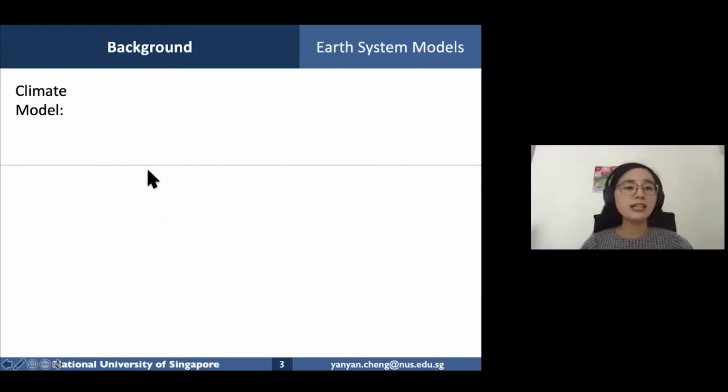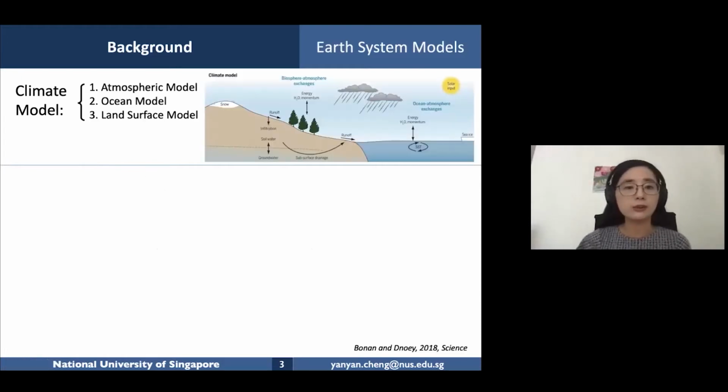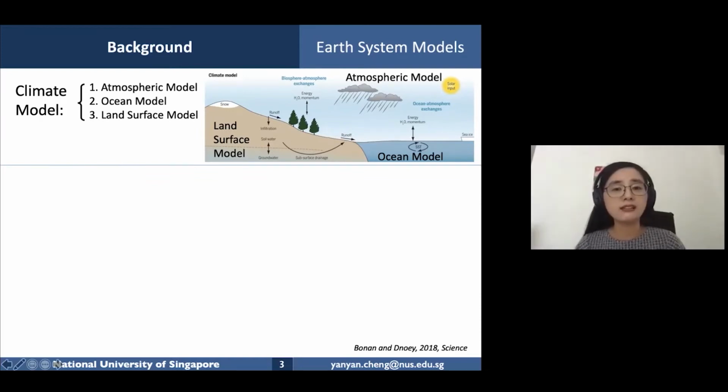I think many of you possibly have heard about the global climate models. This kind of model typically consists of three main components: the atmosphere model, the ocean model, and the land surface model, to try to cover the entire Earth system. But the climate model was mainly developed to help us understand climate change related topics.